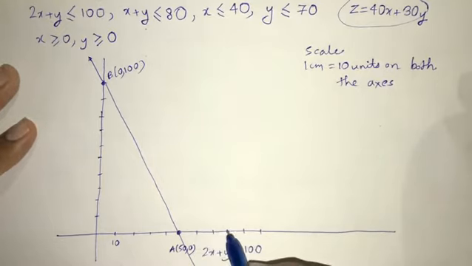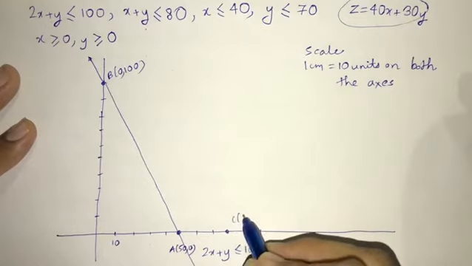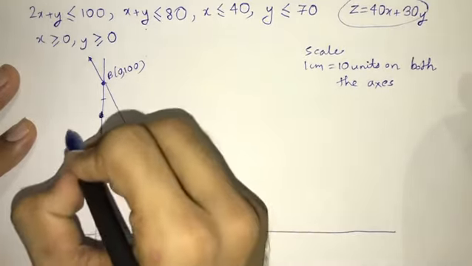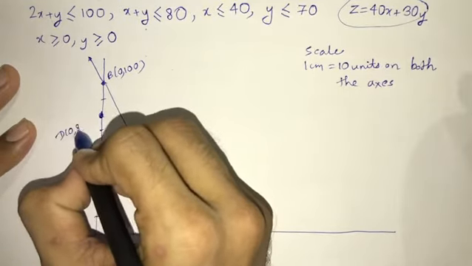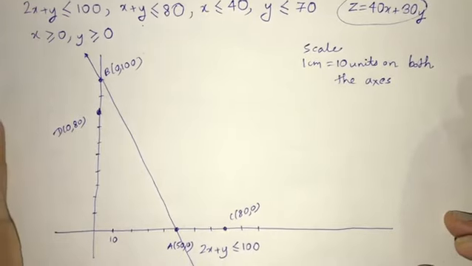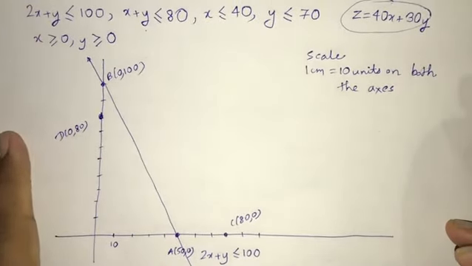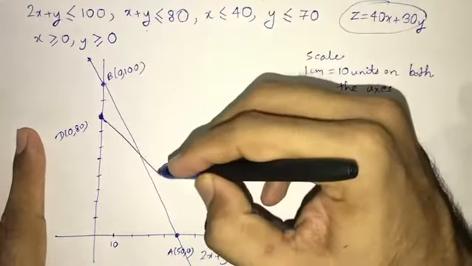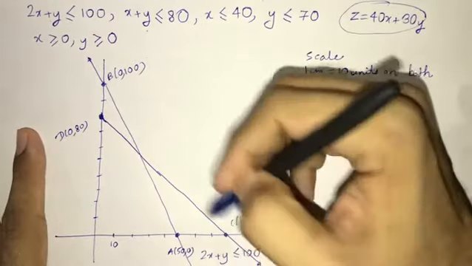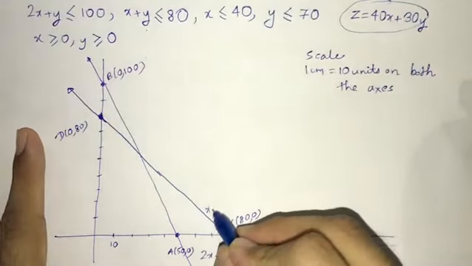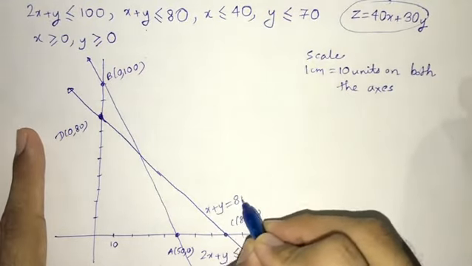We have C at (80, 0) and D at (0, 80). CD is the second line, with x plus y equal to 80.